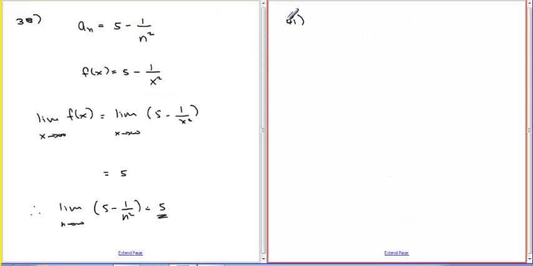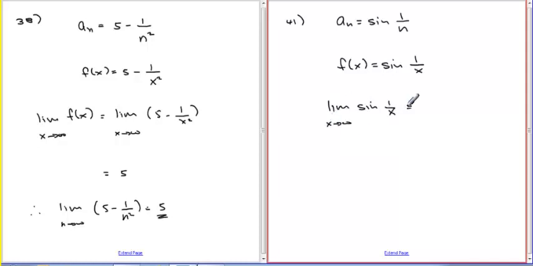Okay, 41, a sub n is equal to the sine of 1 over n. Again, let's take a function f of x, so we have the sine of 1 over x, and we want to take the limit. So the limit of the sine of 1 over x as x goes to infinity is equal to question mark.